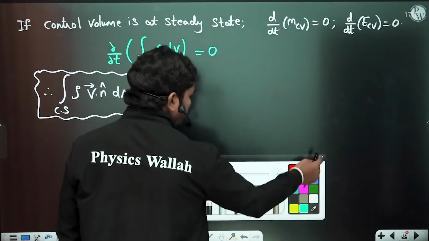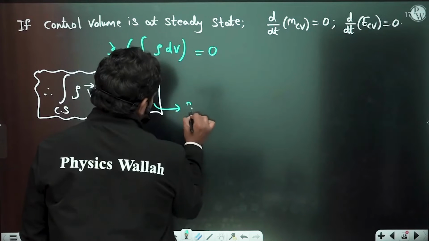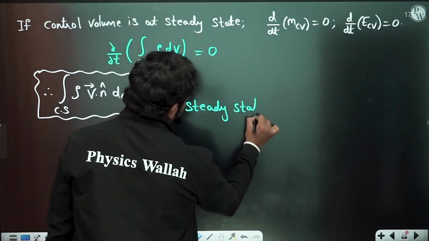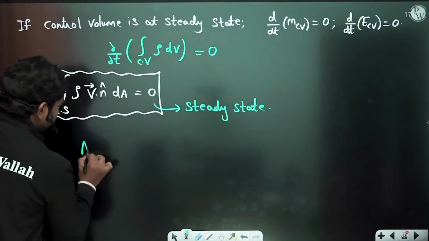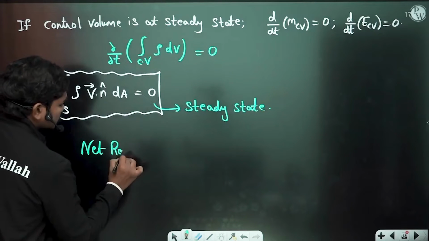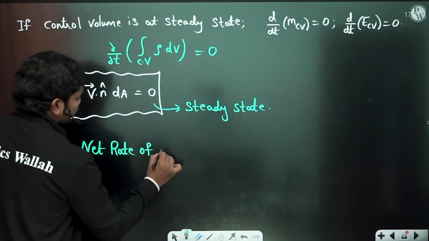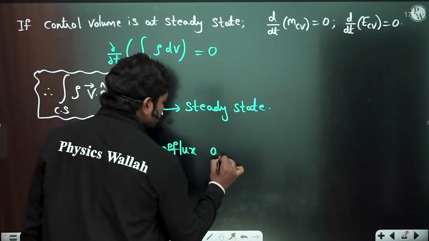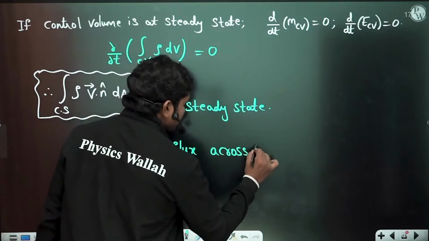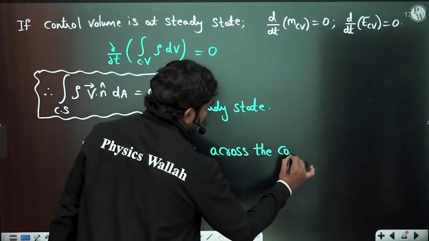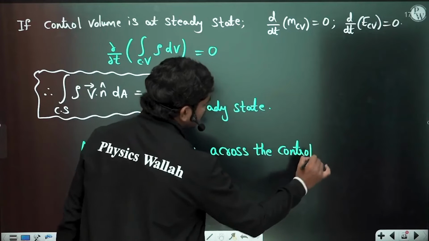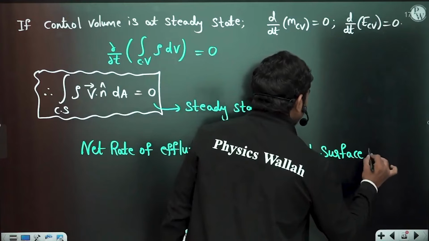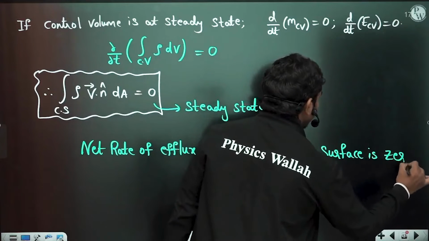So this is steady state, and the meaning is that the net rate of efflux of any property across the control surface is 0.